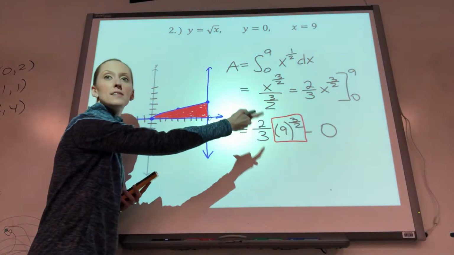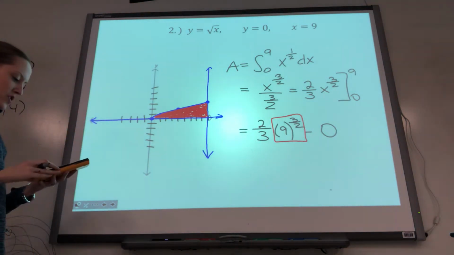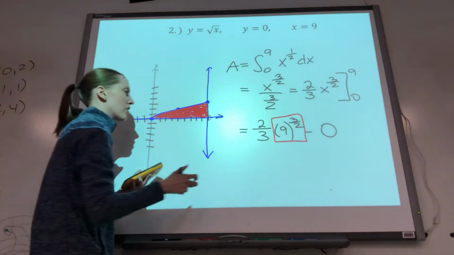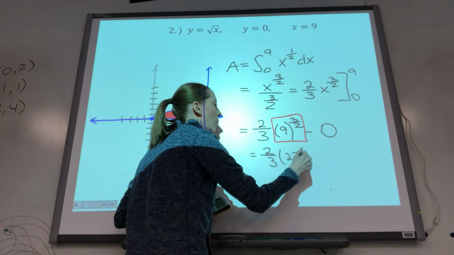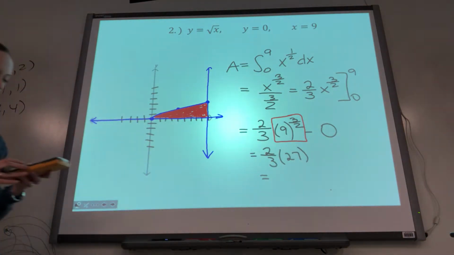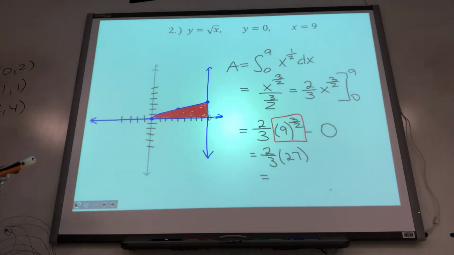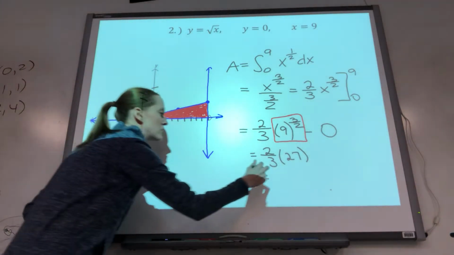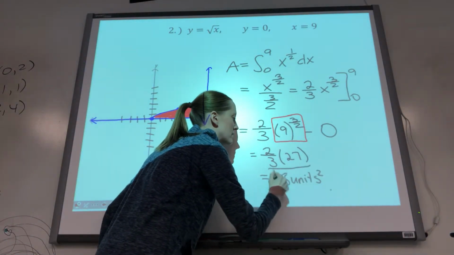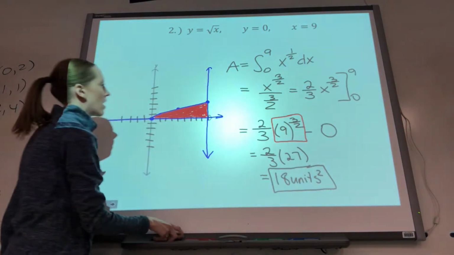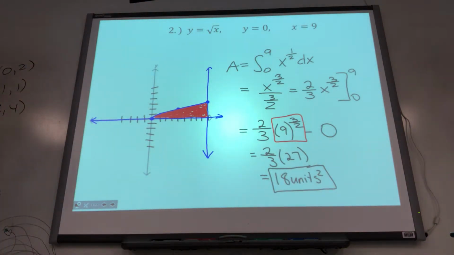Remember, exponents come before multiplication. 9 to the 3 halves power is 27. So I just need to take 27 times 2 and then divide it by 3, and that actually works out nice. It should just be 18 units squared. That would be our area for number 2.